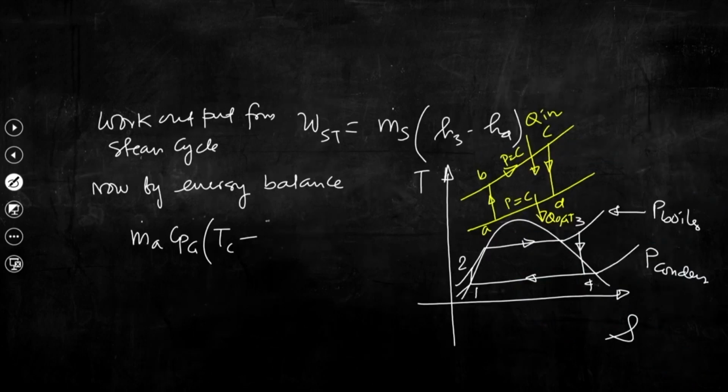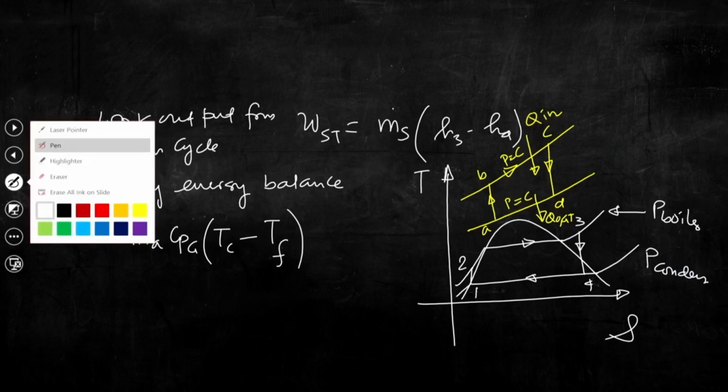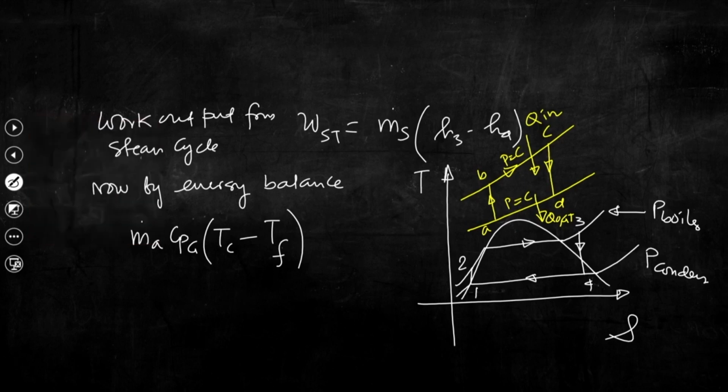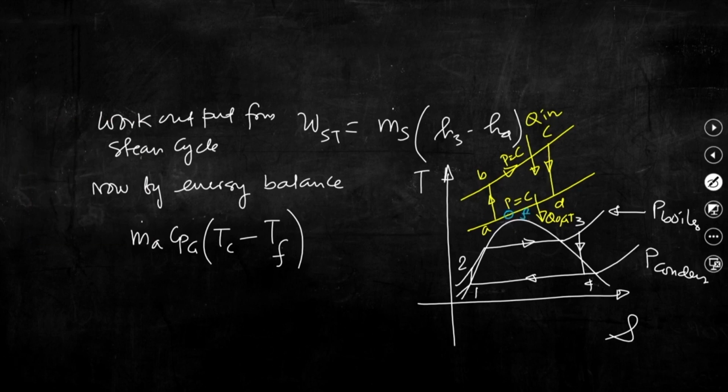So, we consider Tc minus, say, Tf. So, let us consider this is the point, this is the point F, right. This energy would be equal to m dot S into H3 minus H4, right.